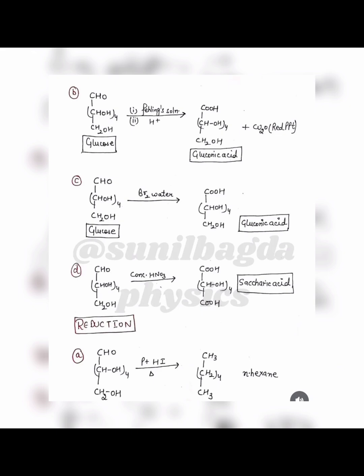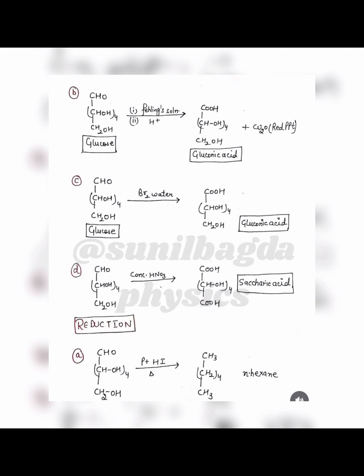Next, glucose undergoes mild oxidation in the presence of bromine water. It gives gluconic acid. Similarly, when glucose undergoes oxidation in the presence of dilute HNO3, it gives saccharic acid as a major product. The second chemical reaction of glucose is reduction.